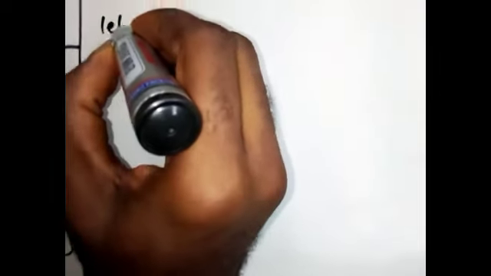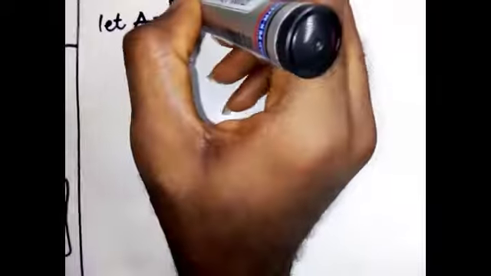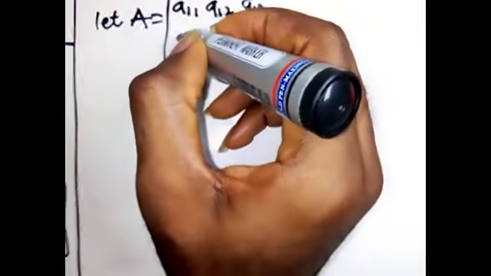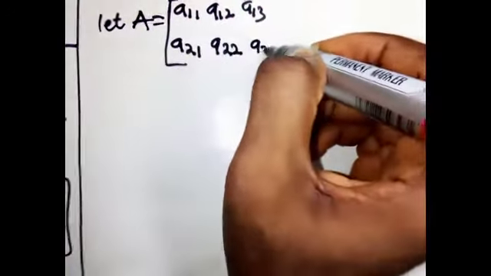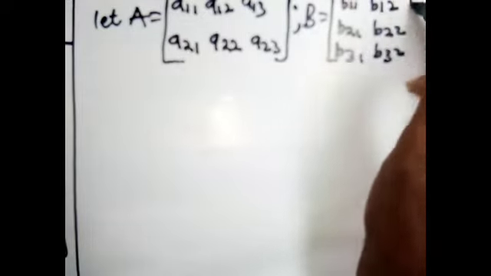That is, let A be a matrix, and B with entries B31, B32.